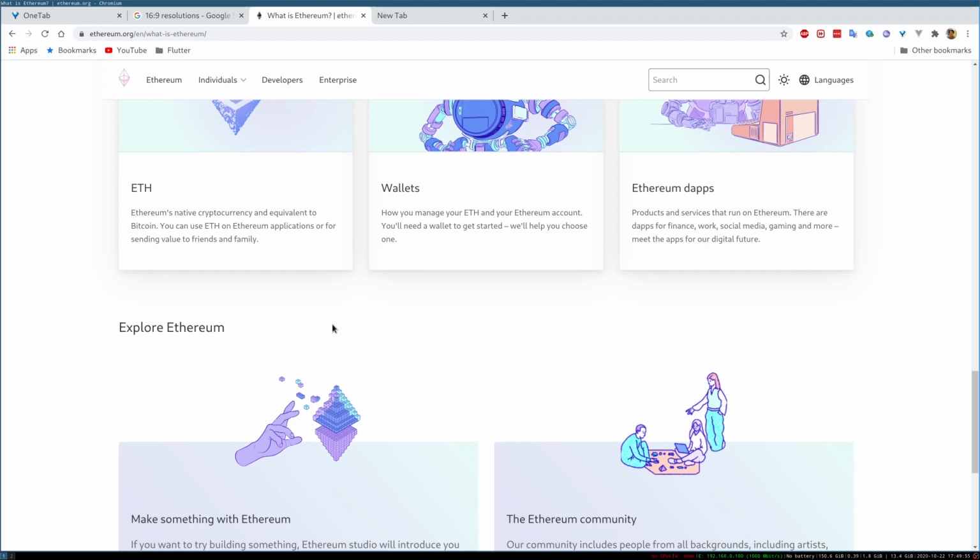Because if that was not true, you could do something called a double spend. Say you have 10 coins in your wallet. You could send 10 coins to some user A and also send 10 coins to user B, right? So you would overspend the coins that you have.